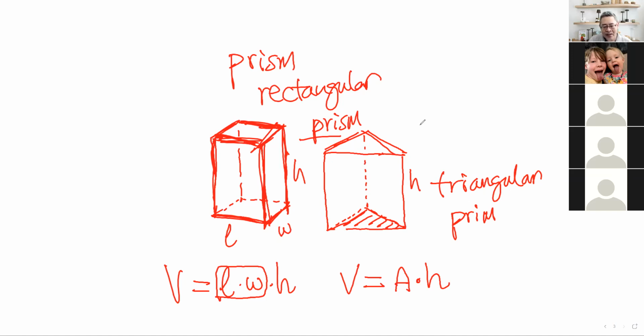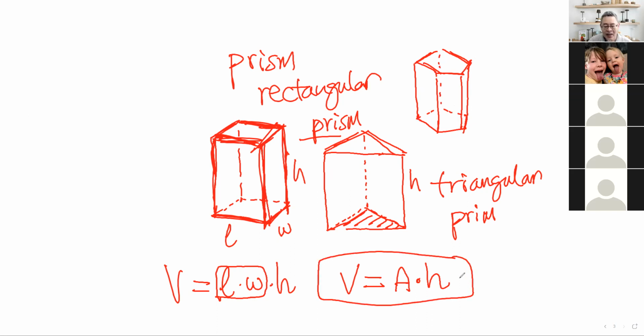The base could also be a pentagon. That's still a prism, but the base is a pentagon, and we still use the same formula: base area times height.